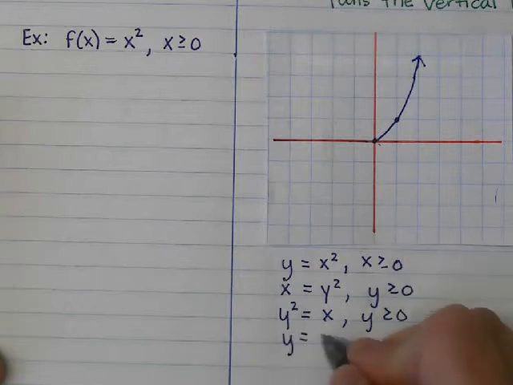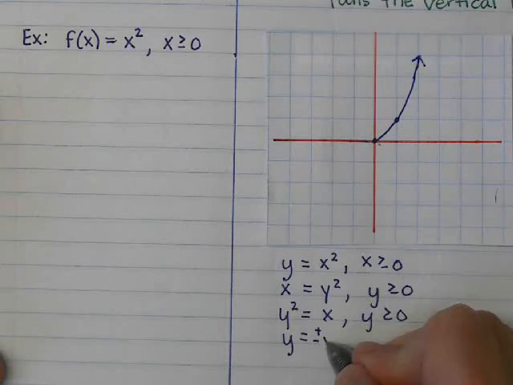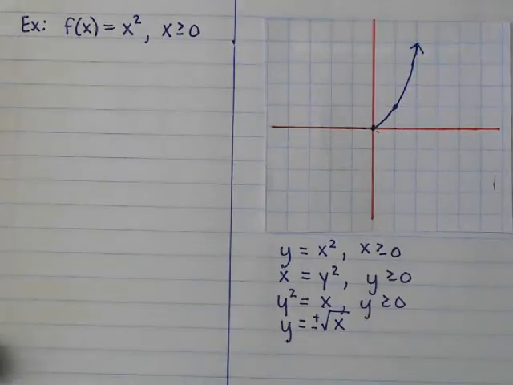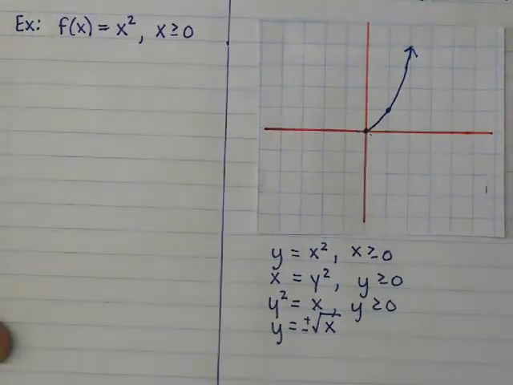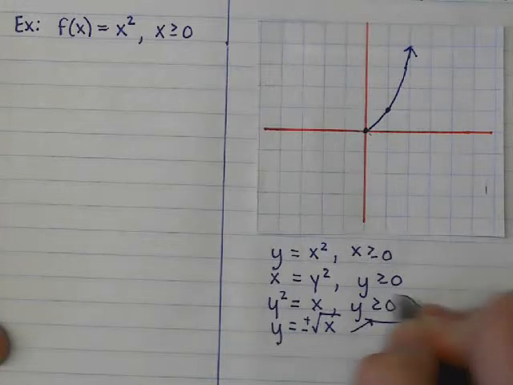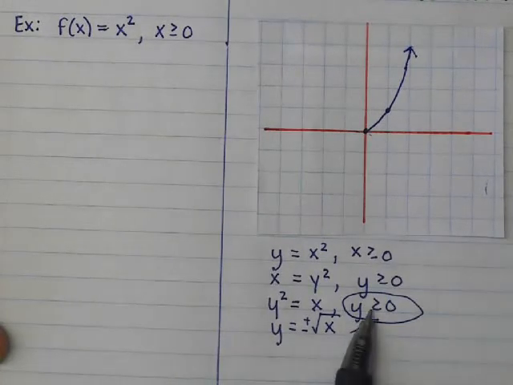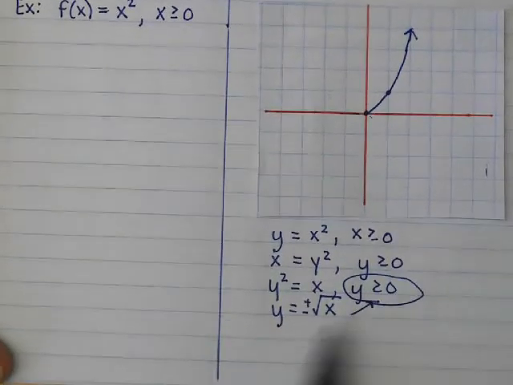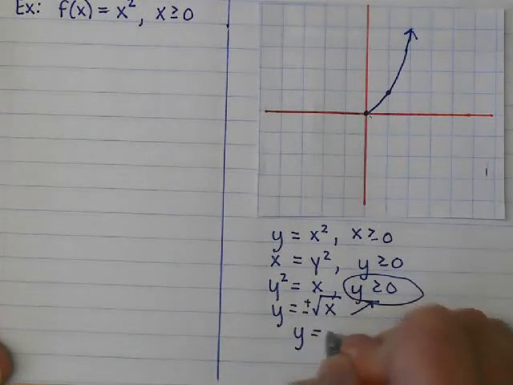And then I'm going to take the square root of both sides, and when I do that, I have to put in a plus minus. Okay, now I have to take into account this little piece of information right here that says y has to be greater than or equal to 0. So I used that to get rid of the negative.